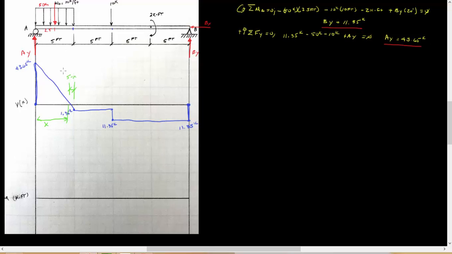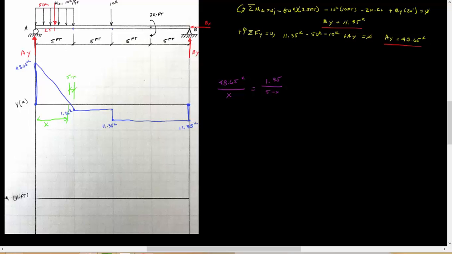So I'm going to use similar triangles. This big triangle is similar to this smaller triangle, and I come up with 48.65 kips over x, since this goes up 48.65 and I'm calling my base here x, is equal to 1.35, which is my height here, over my distance here, 5 minus x.